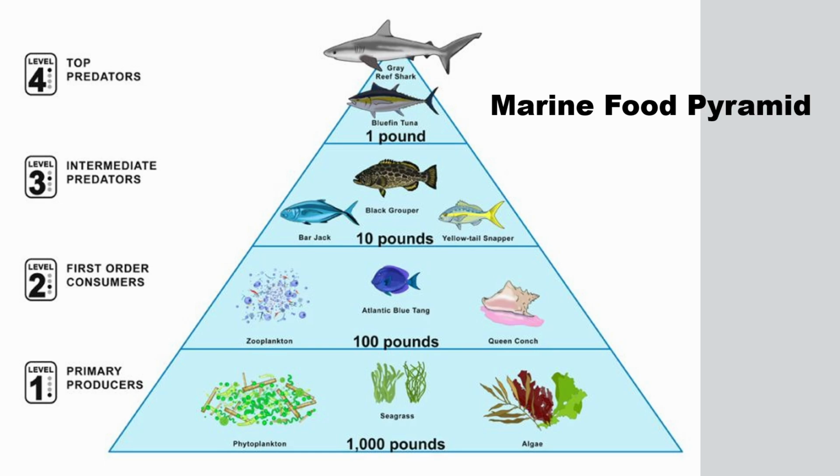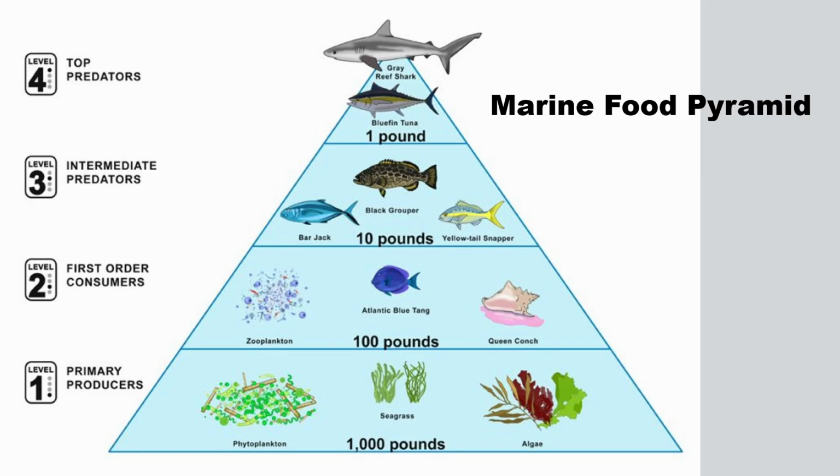Next, we move up to first order consumers like zooplankton, blue tang fish, and queen conch. These organisms eat the producers, so they are the second trophic level. Here we see 100 pounds of animals can be supported because much of the energy is lost when moving from plants to consumers.